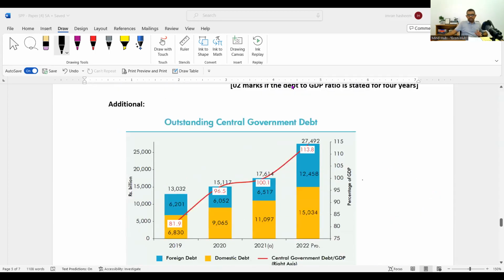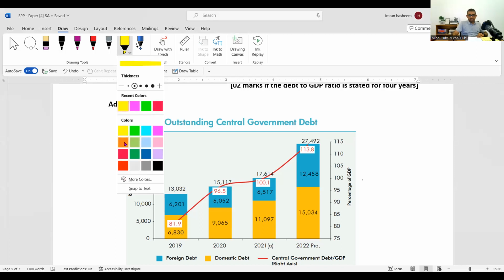And also have a ballpark idea that the debt in Sri Lanka by 2022, the provisional value, is 27,492 billion Sri Lankan rupees. 27,492 billion with a B. That's our debt.